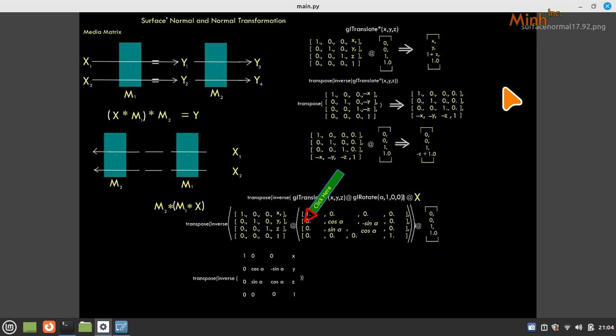Okay, so I should have removed this line also. So we'll just calculate the transpose and inverse of the matrix. Then we will probably multiply with the input.